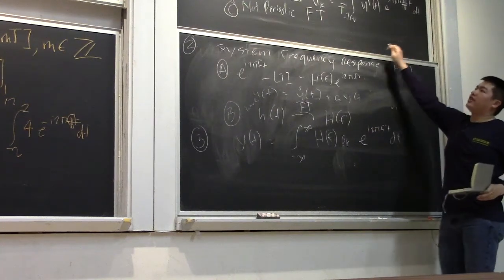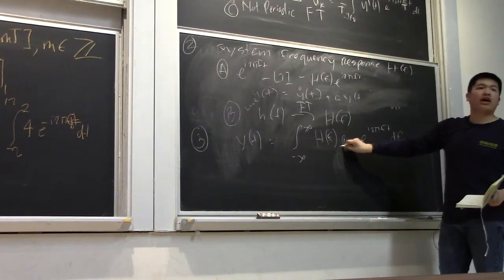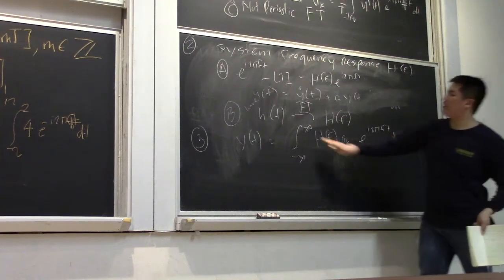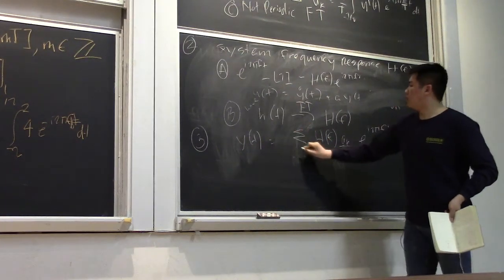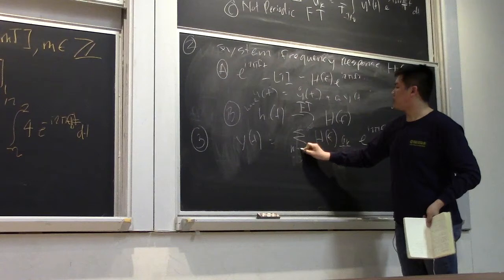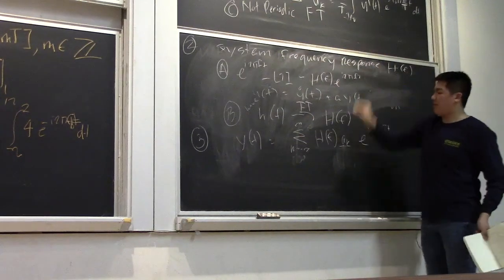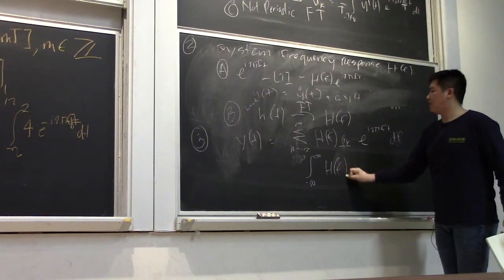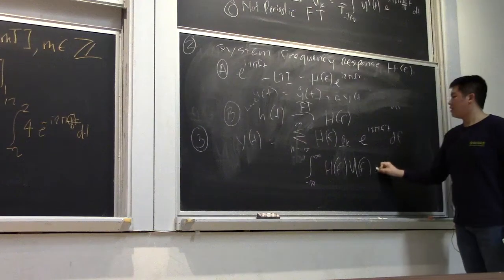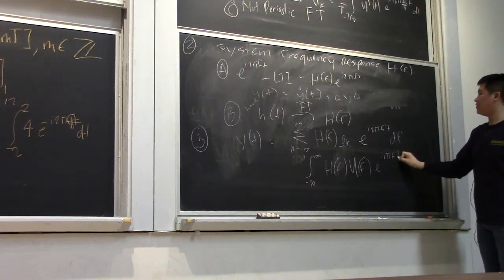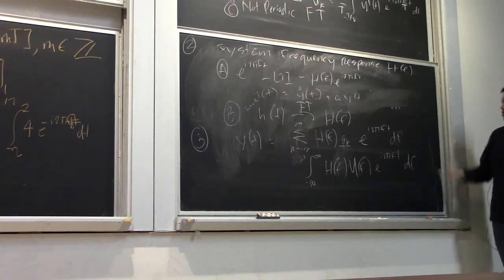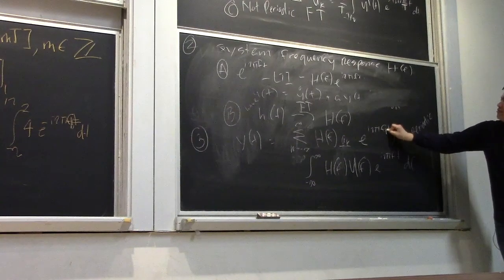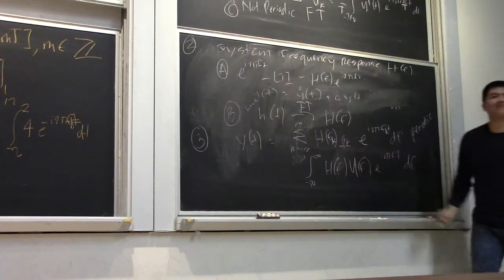So in step 1, if u of t is periodic, then you'll get Fourier series coefficients, and this will be the sum for k equals minus infinity to infinity. And if it's not periodic, then it'll be the integral from minus infinity to infinity of H f U f e to the i 2 pi f t df.